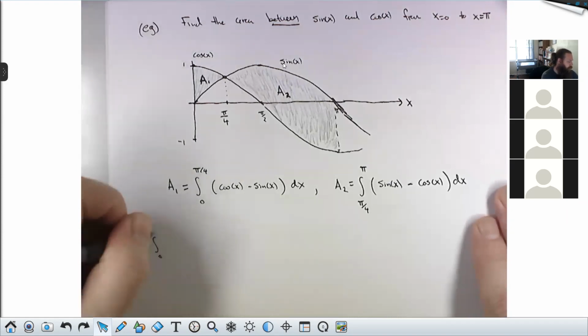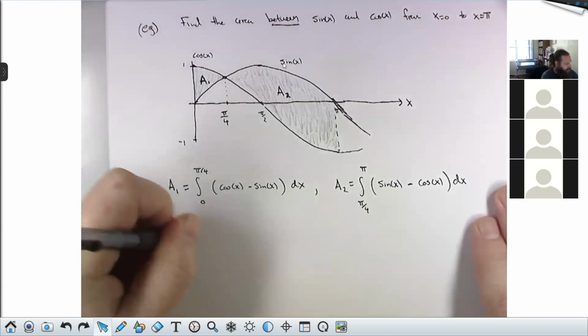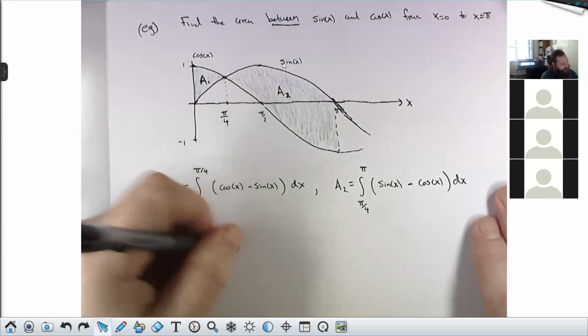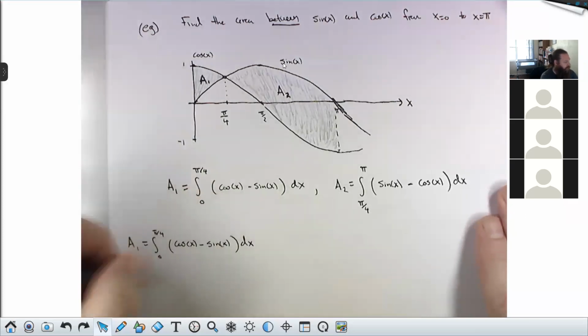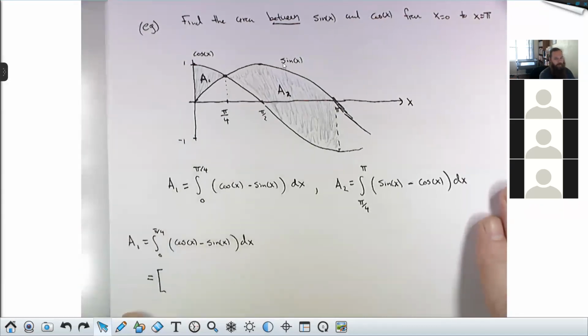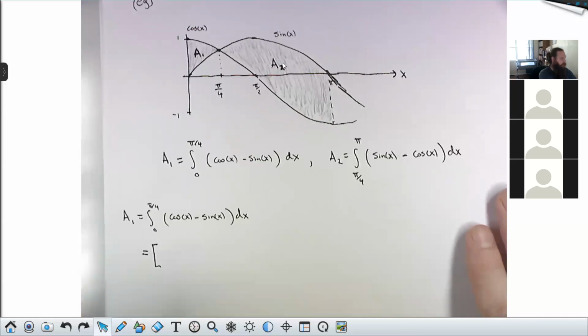A1 is the integral from 0 to pi over 4 of cos x minus sine x dx. What is an antiderivative for cos x minus sine x? This is a nothing integral. We know exactly how to do this.